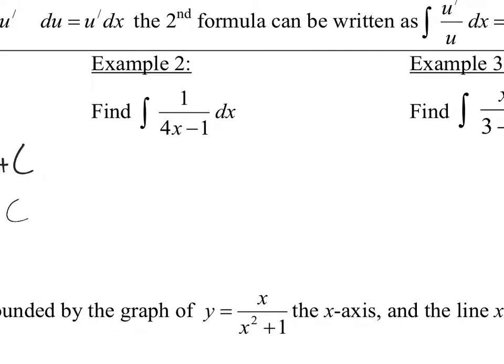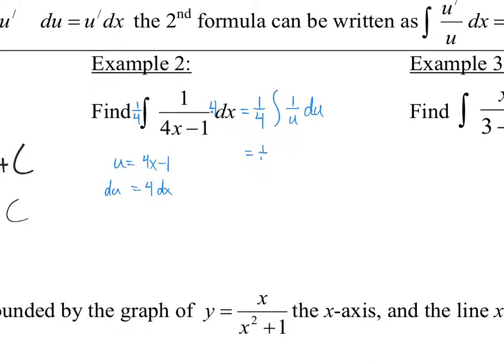Let's try this one. Here we're going to need to use a little bit of u substitution. Okay? So what is u going to equal here? Yeah, 4x minus 1. So the du is 4dx. Okay? So I need to incorporate the 4 here, which means I need a 1/4 out there, right? So I have 1/4 times the integral of 1 over u du, and now I can go ahead and take the integral.